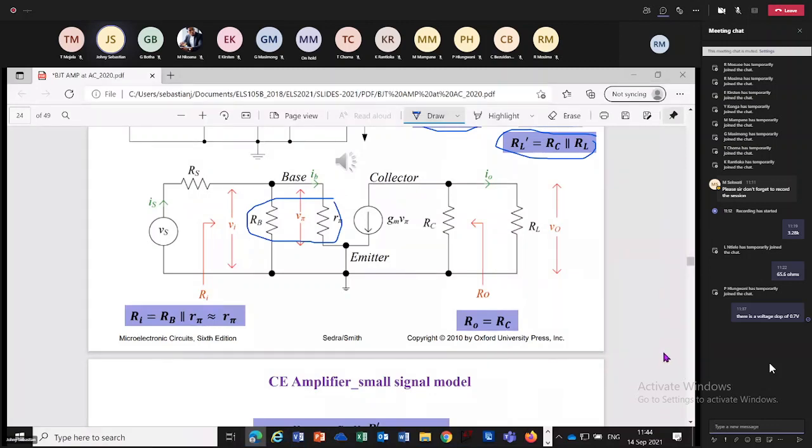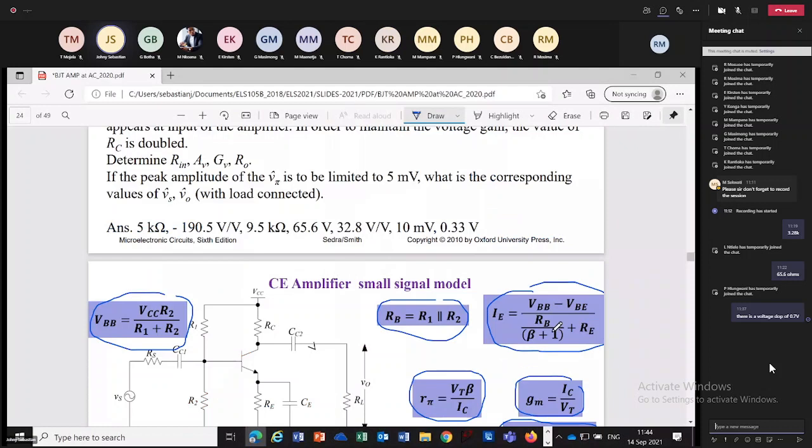I still recommend that you pick up from the circuit diagram, the small signal diagram, and work out accordingly. You need to remember all these BJTs at DC. There are 2 or 3 formulas that you need to remember.